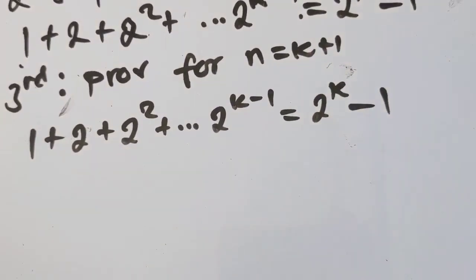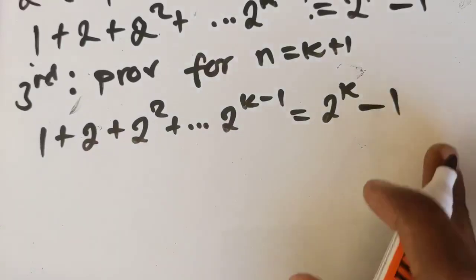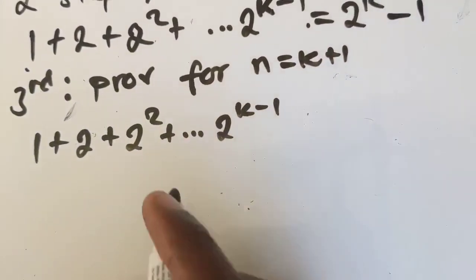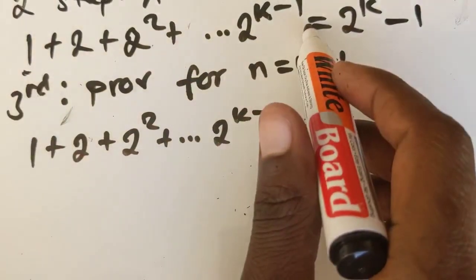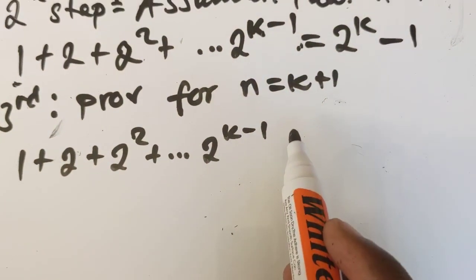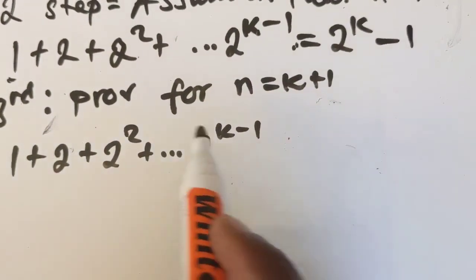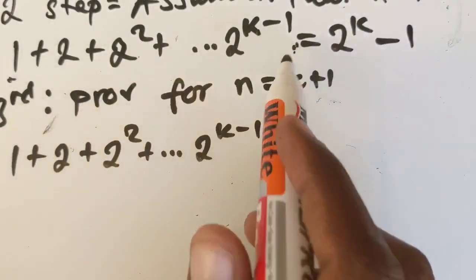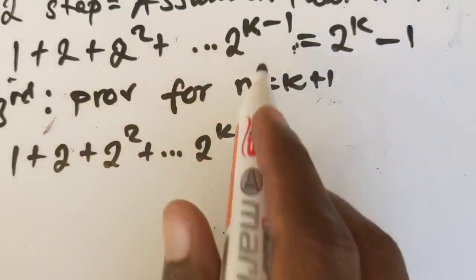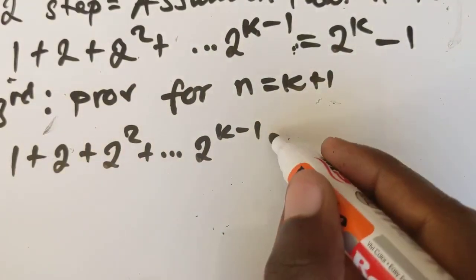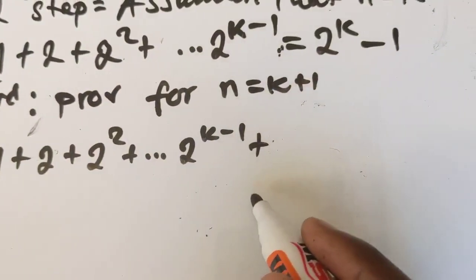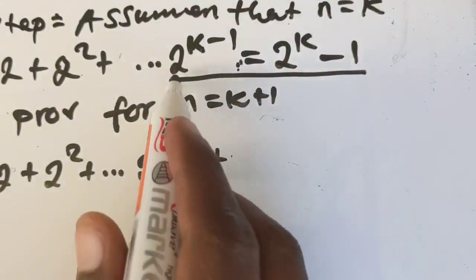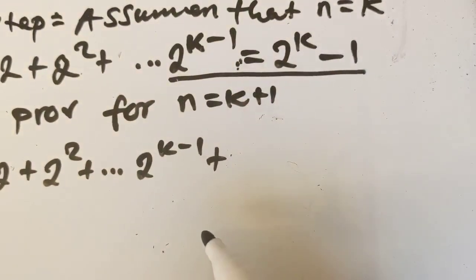So now what to do? It is to copy from here to here. Pardon my motion, I'm too fast. Then you add another term, which starts from here, but where there's k, you put k plus 1.